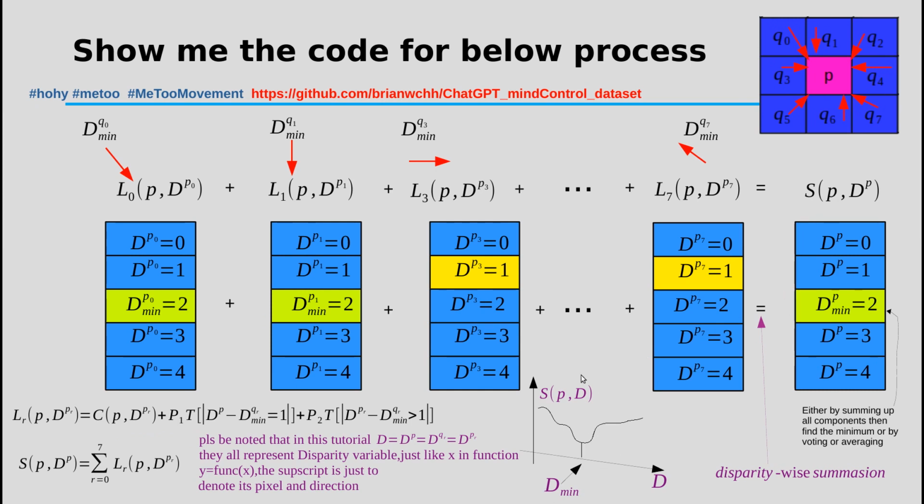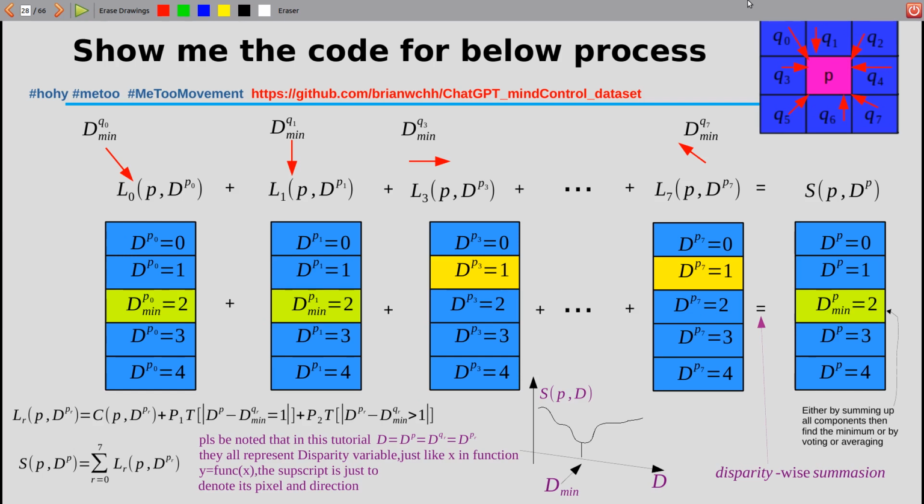In this overall cost map you search for the minimum, and you get the disparity for this pixel P. That is the disparity value. According to this disparity, you can find out the distance of the pixel in 3D space.